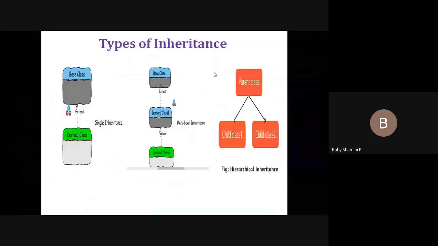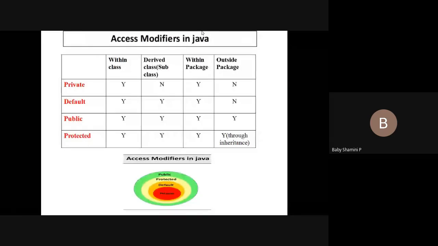So, to summarize, students: private can be accessible within the class. We cannot use this in a derived class, and we cannot access it in the package or outside a package. And default can be accessible within a class and derived class within the package, but outside a package is not possible. Because if you are going to create a package, the class must be public and the data member must be public or protected.